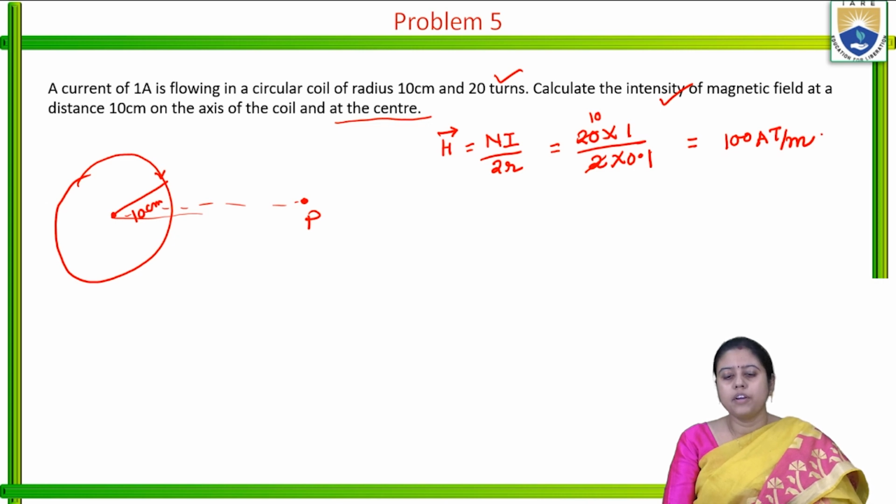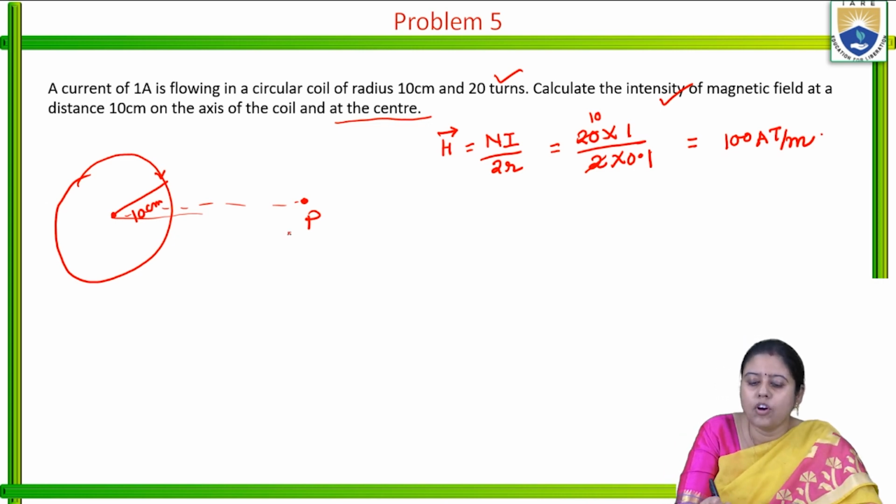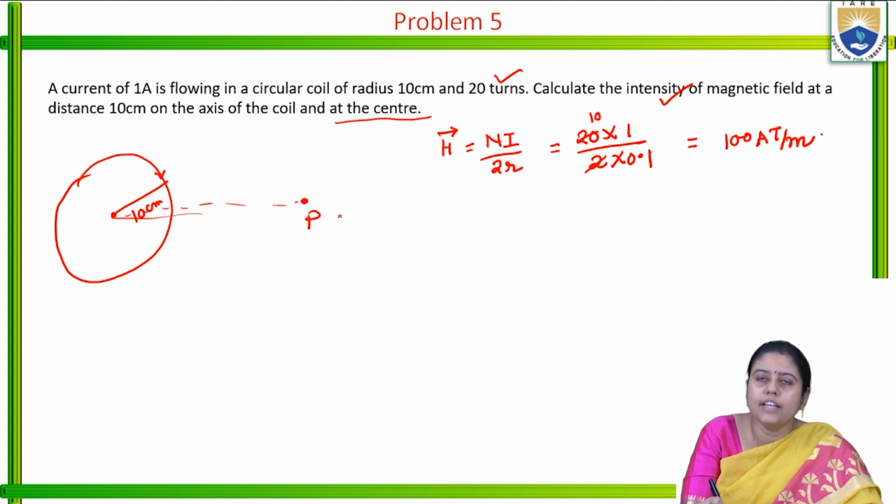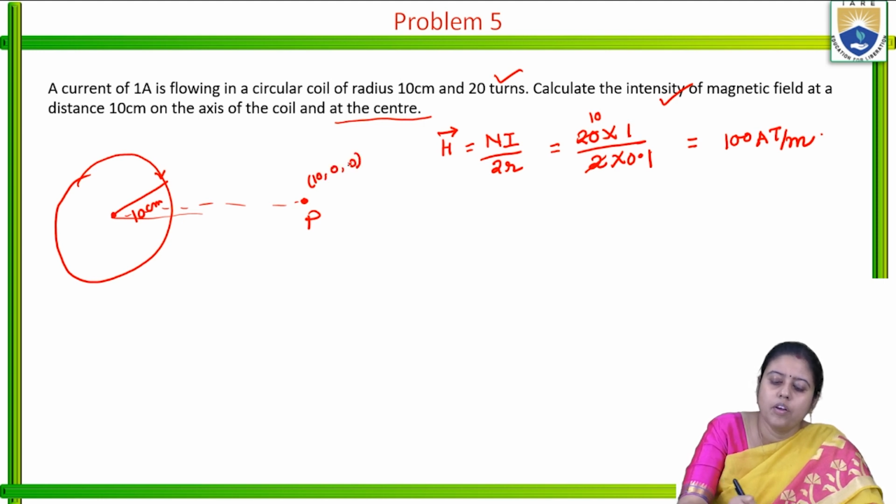Now, we will calculate at P. P is on the axis and it is 10 centimeter. So we can think the value of X is 10, 0, 0, and the center is 0, 0, 0. So what is the distance we can write?